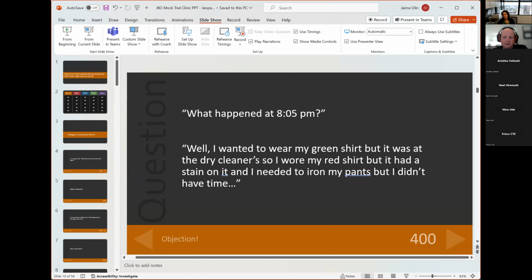I would say, what happened at 8:05 p.m. when you tried to put on your green shirt, I guess. Okay. Yeah, adding a little bit of detail never hurts for something like that. I think a lot of times on direct examination, the witness and the attorney have practiced so many times that they just have this Q&A memorized.